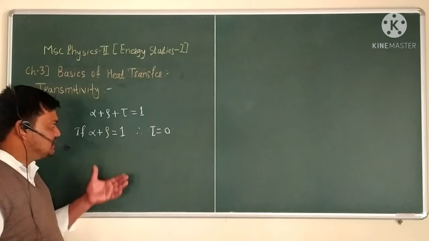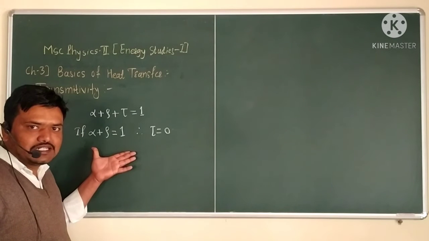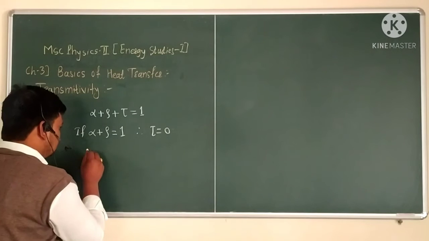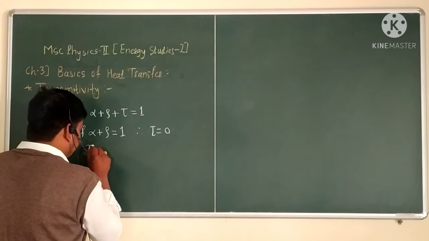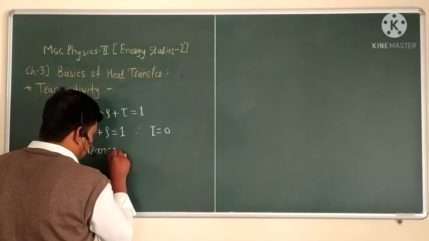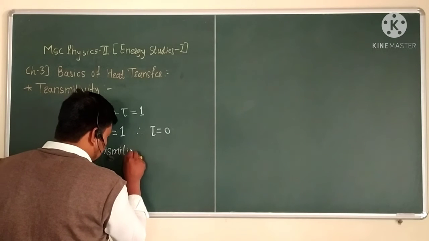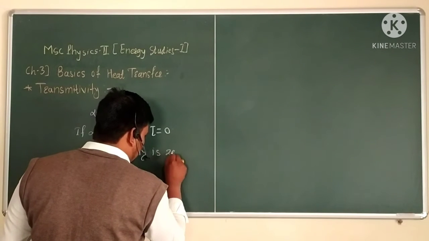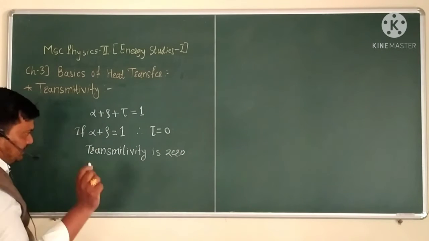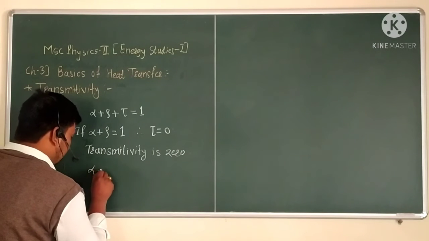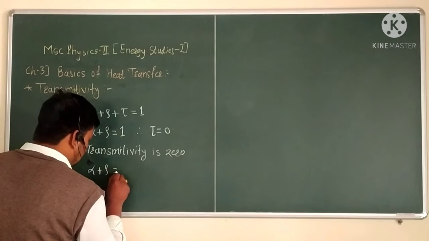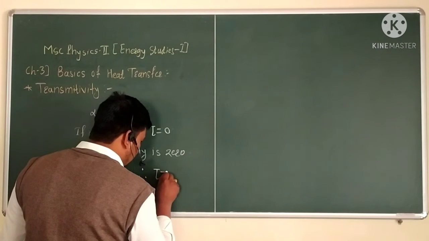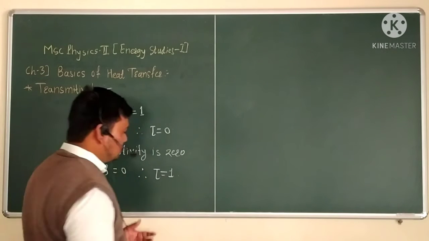Such a surface is considered a reflecting or opaque surface, and in this condition the transmittivity is 0. And if alpha plus rho is equal to 0, then tau is equal to 1.